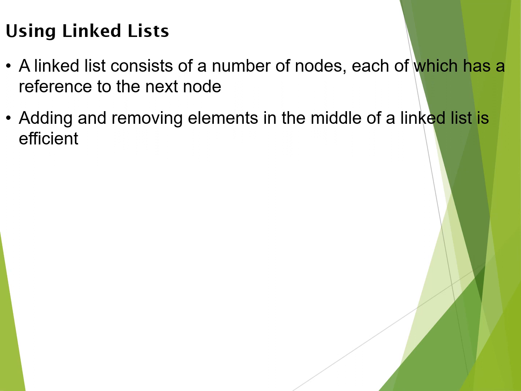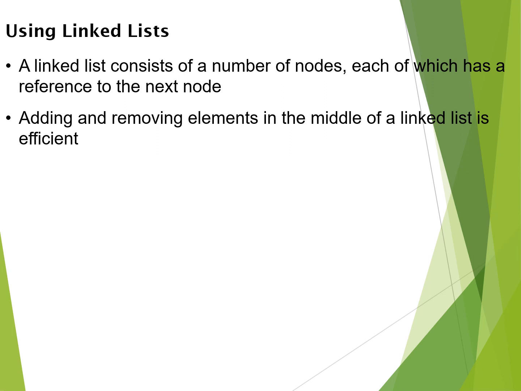Or when you are removing an element, all you need to do is change the reference of the previous element and make it point to the element in the next node.